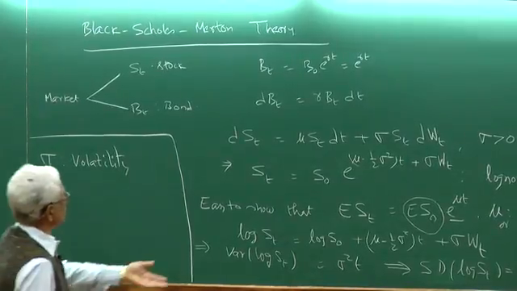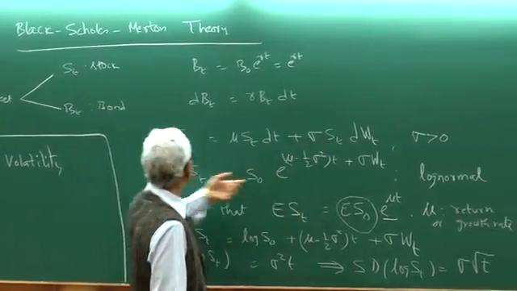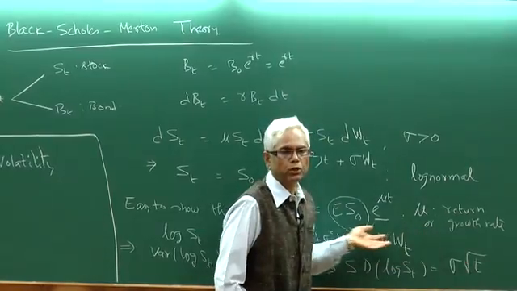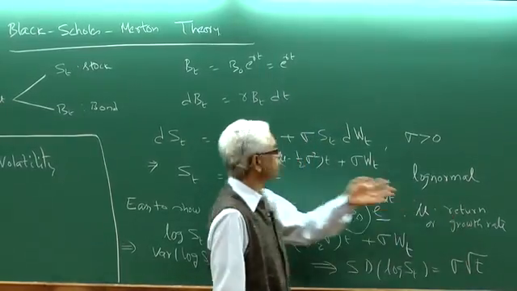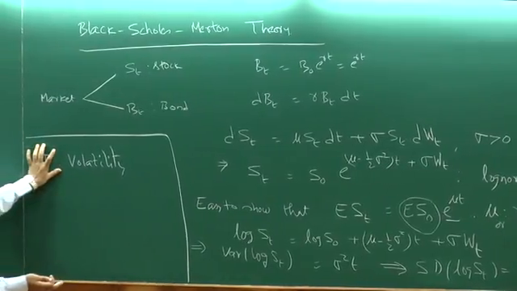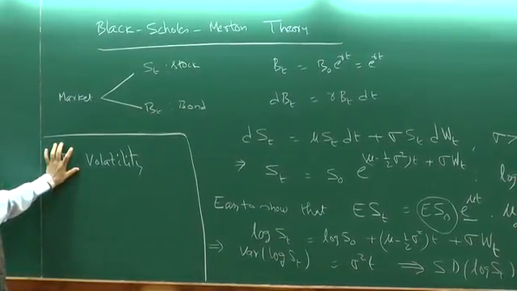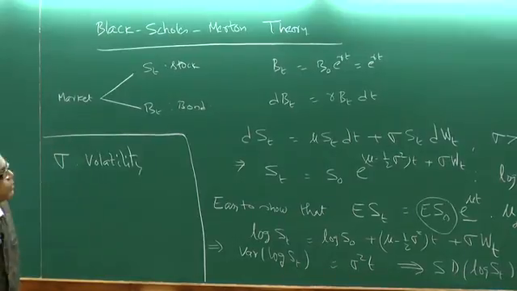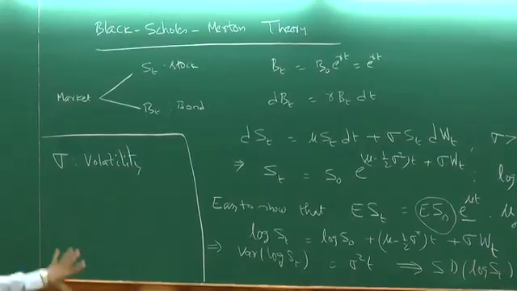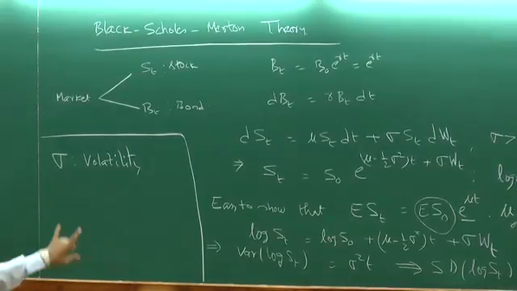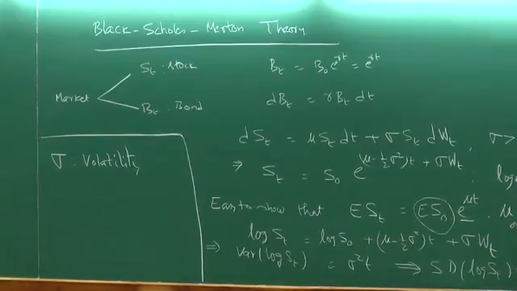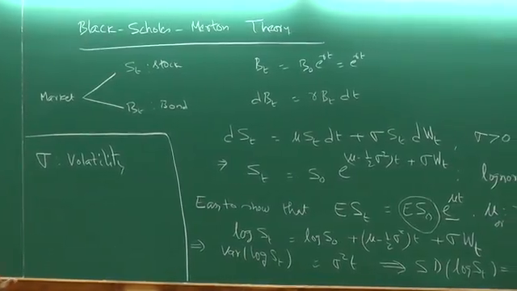From a statistical point of view, standard deviation can be estimated using observed data, from the time series, and that will be called observed volatility. We will introduce one more term called implied volatility. So this is the model of the stock, this is the model of the bond. It's a very simple model, and this is the market.